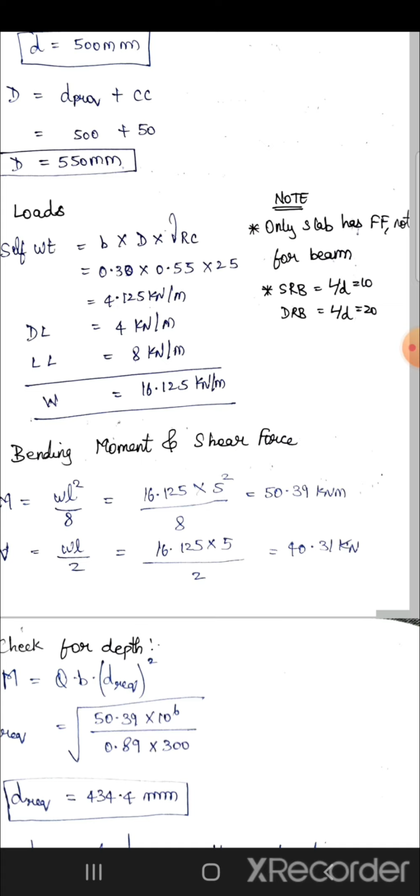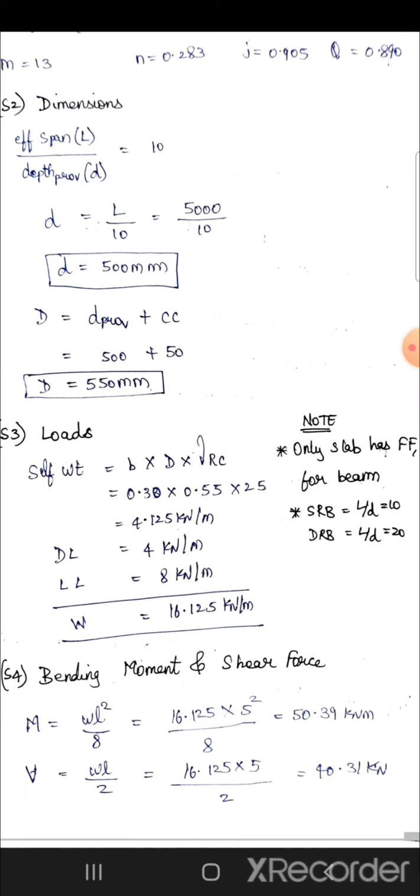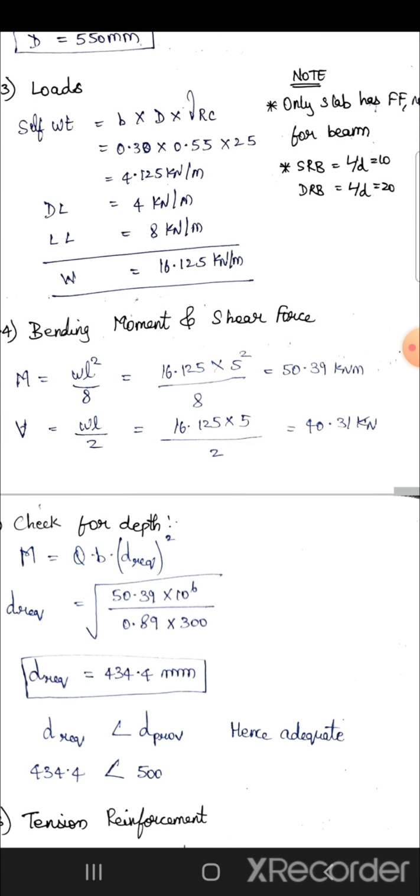So in beam load calculation, floor finish will not be there. And for singly reinforced beam, depth provided formula is L by 10 and for doubly reinforced beam, depth provided formula is L by 20. This is a small note.